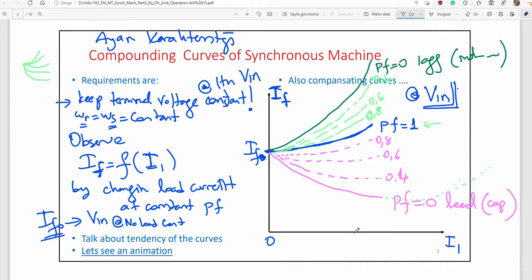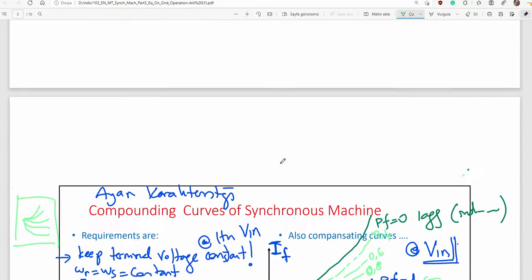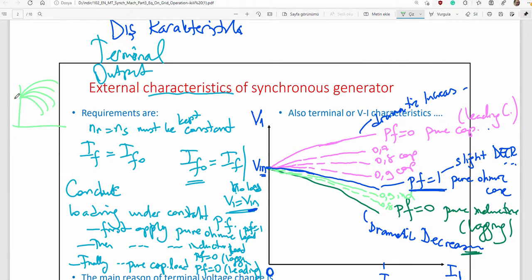But you should know that somewhere here, rated current is somewhere here. It is much more later. Please do not confuse. I clean here. It looks like this on the left hand side. Compounding curves look like this. Terminal curves look like this.